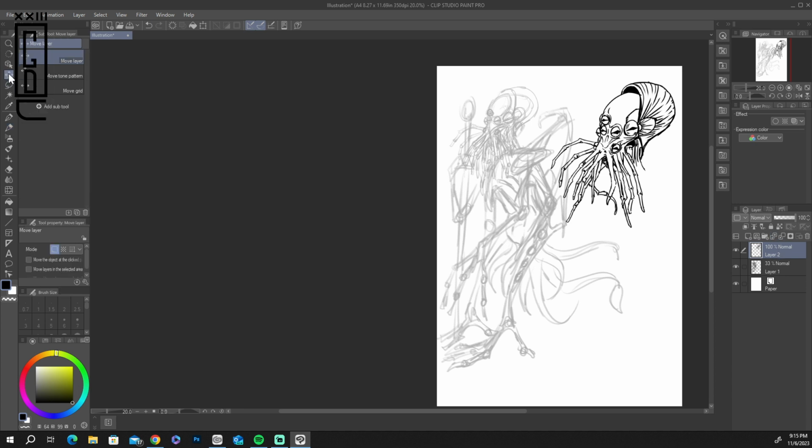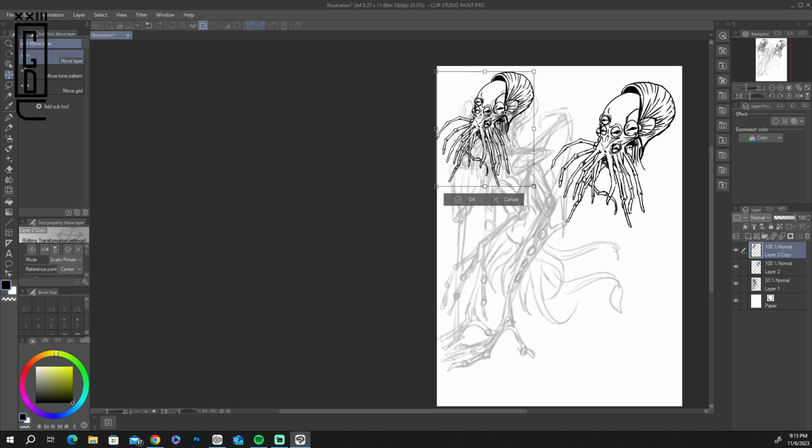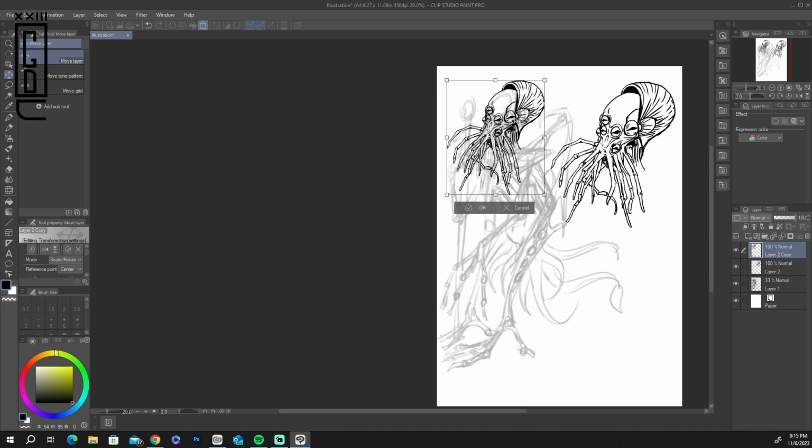So yeah, I'm gonna make this smaller because I'm gonna put it in the Cthulhian here. I'm gonna put it in the Cthulhian guy right now. This is my reference.